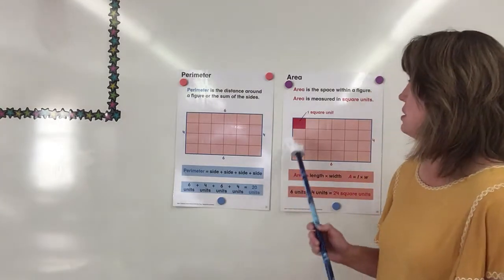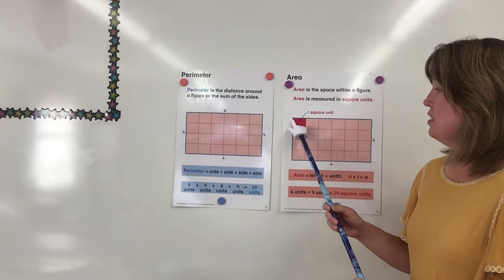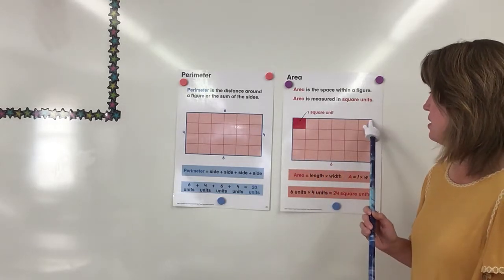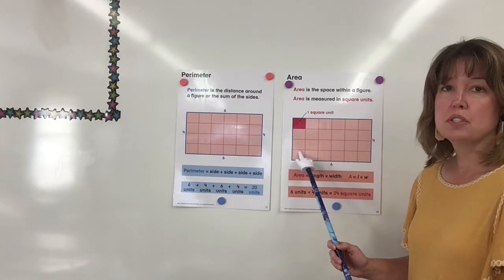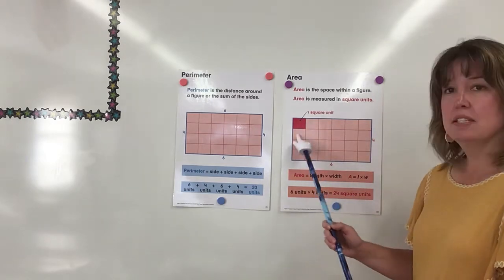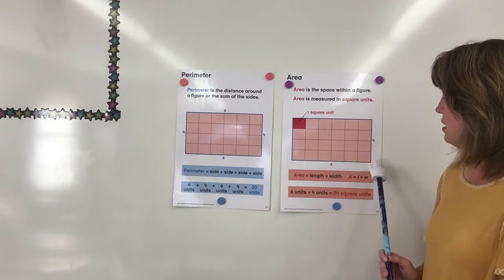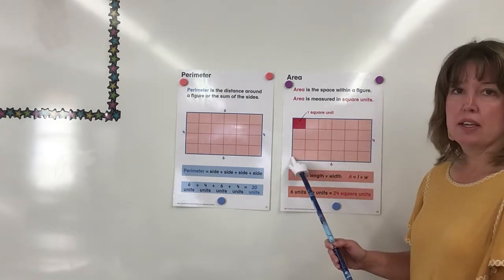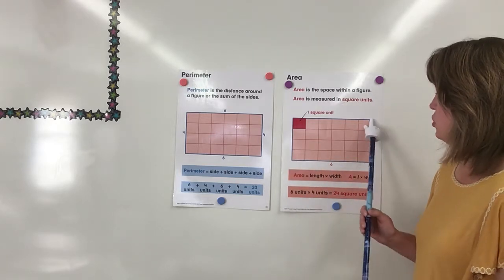Okay, 20 units. And then the area is not just the line on the outside, but everything on the inside. So in order to find everything on the inside, you multiply one side times another side. So you have your length times your width.